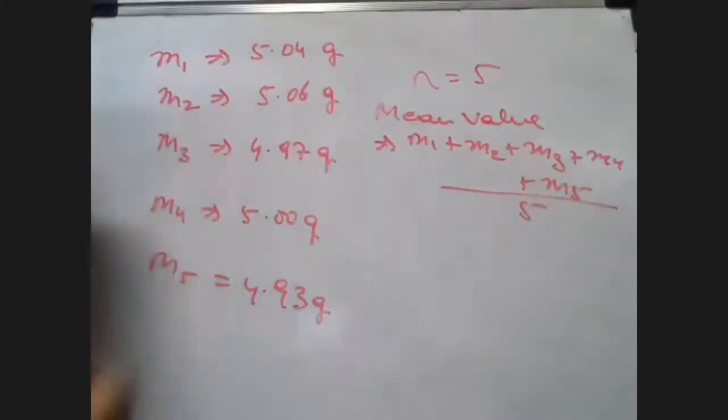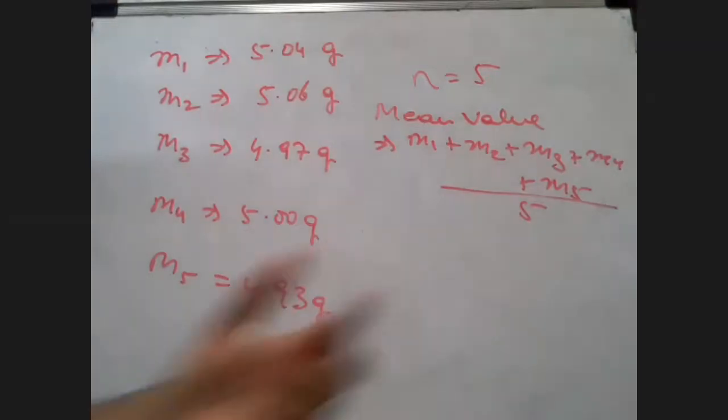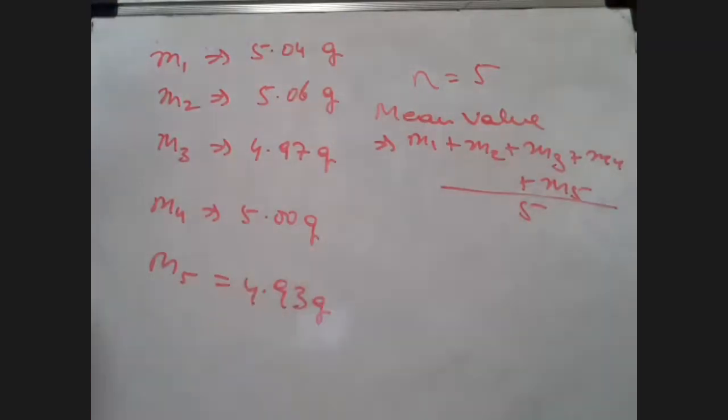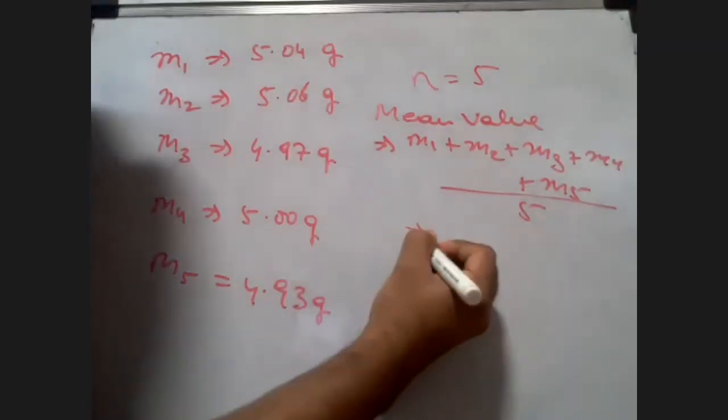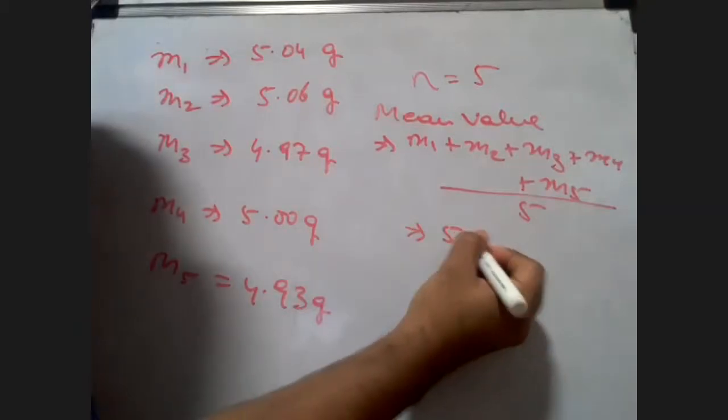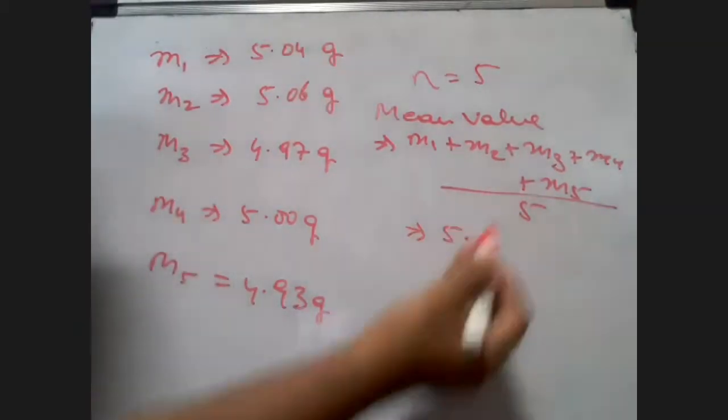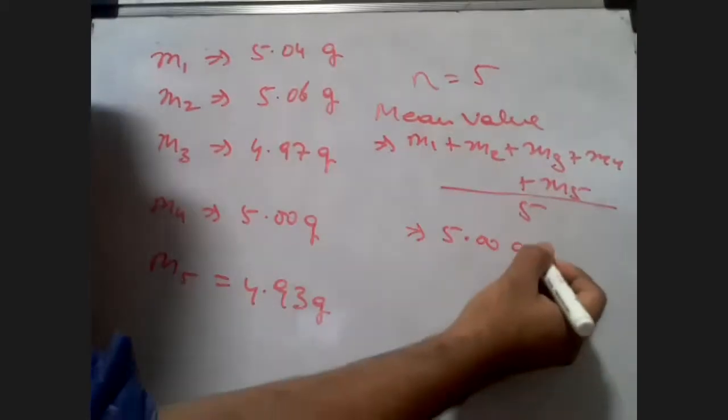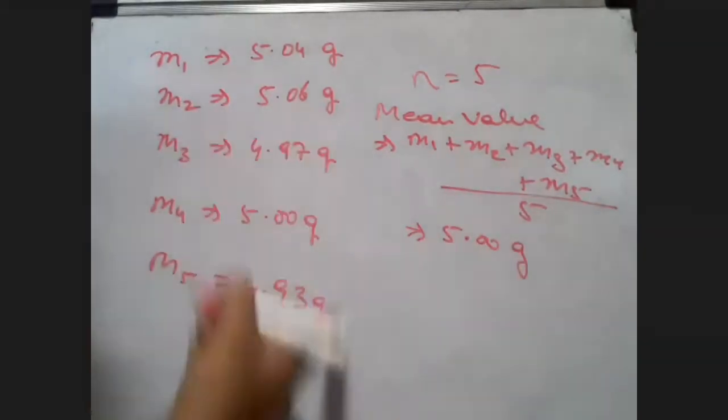How much are you getting, students, for this? The sum is 25. 25 upon 5 is 5.00. Please mention the unit, gram.